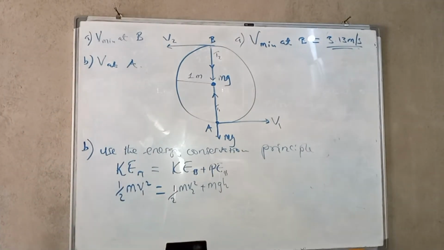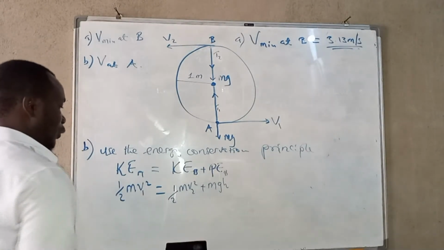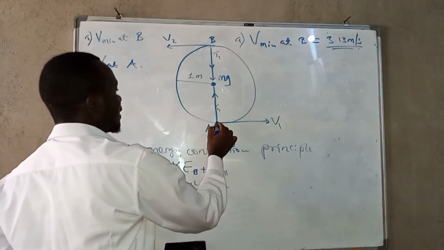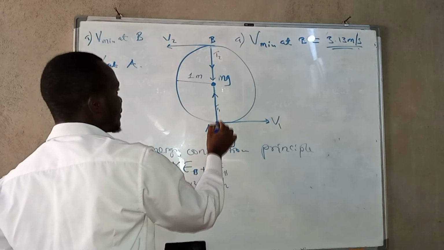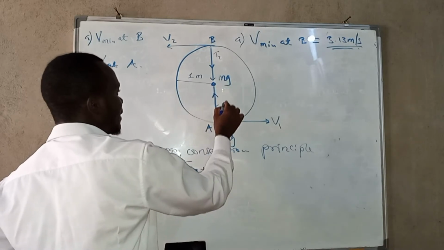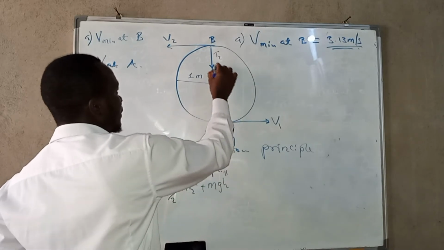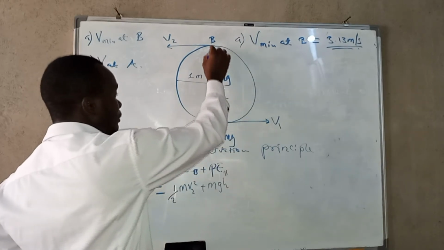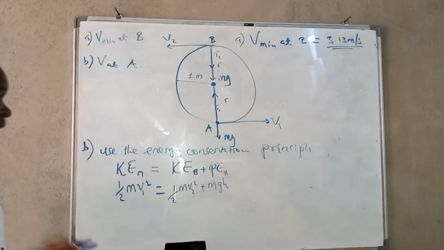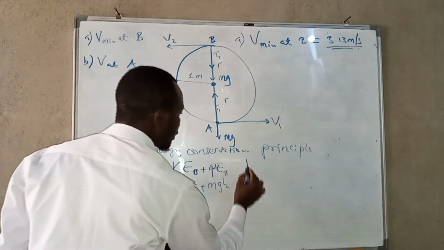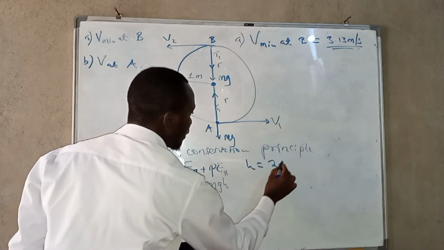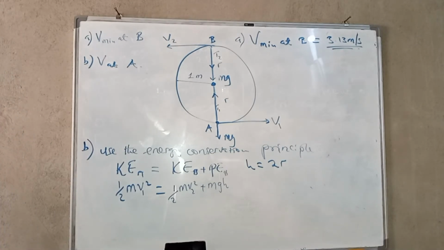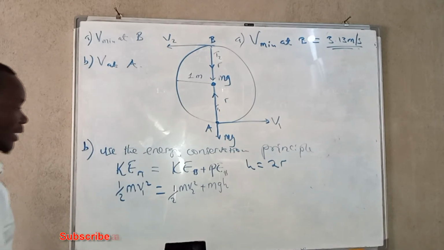From this point, we know that for height, from this point to this point it is the radius, r, and from this point to this point it is also r. So from this point to this point it is r plus r, which is 2r. So h is equal to 2r. From this, we can see that certain things are able to cancel.